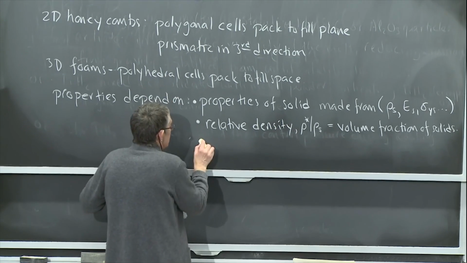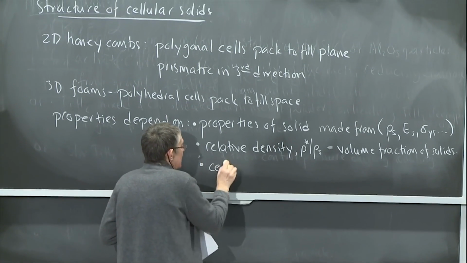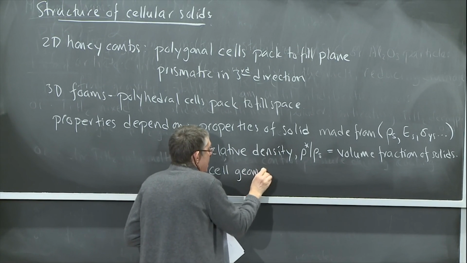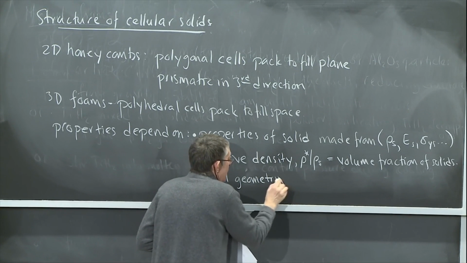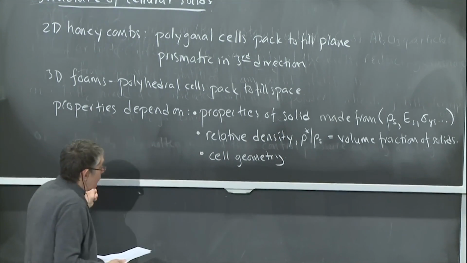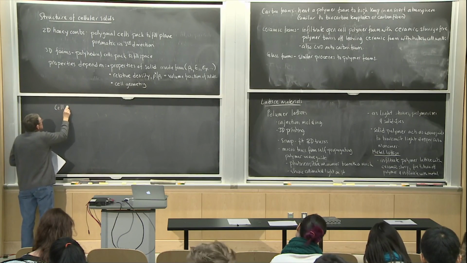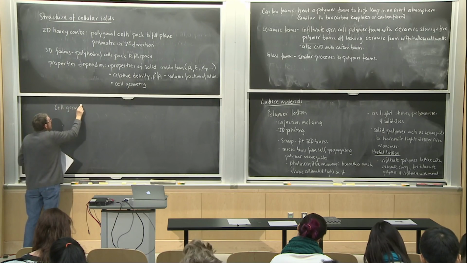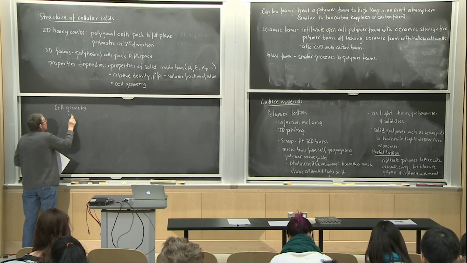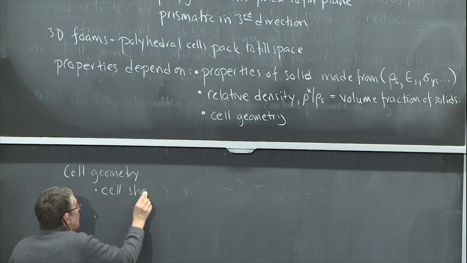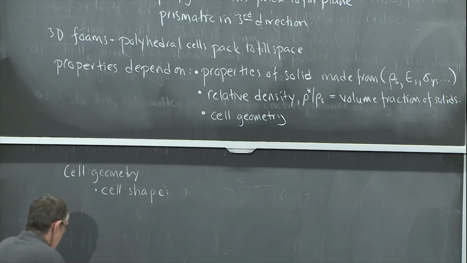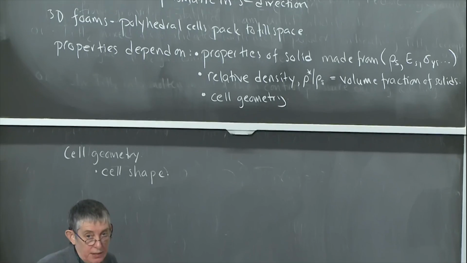And it also depends, the properties also depend on the cell geometry. So the cell shape can control things like whether or not the honeycomb or the foam is isotropic or anisotropic.